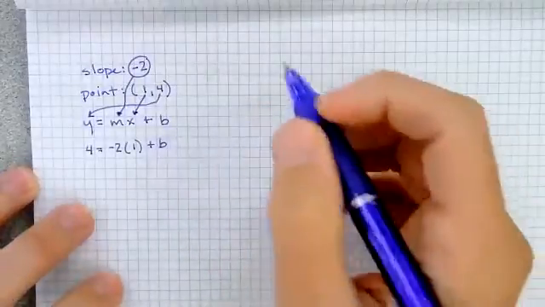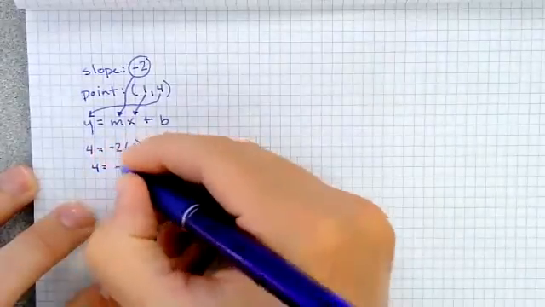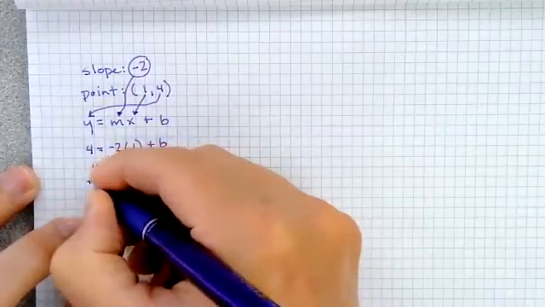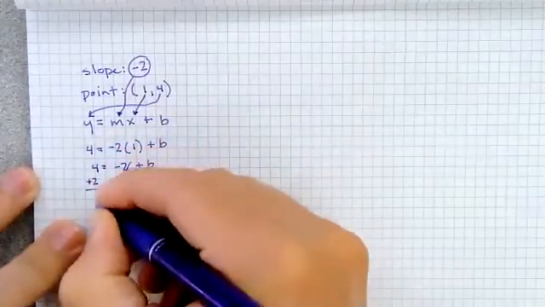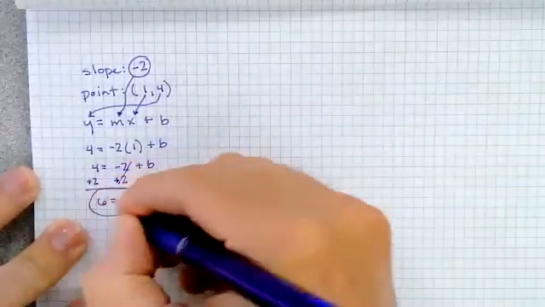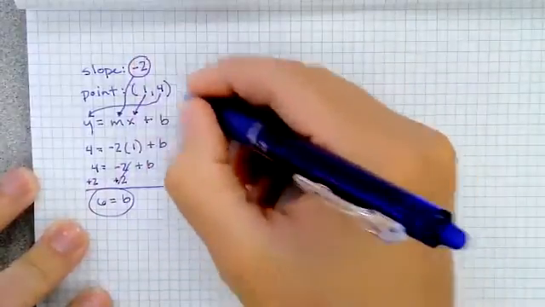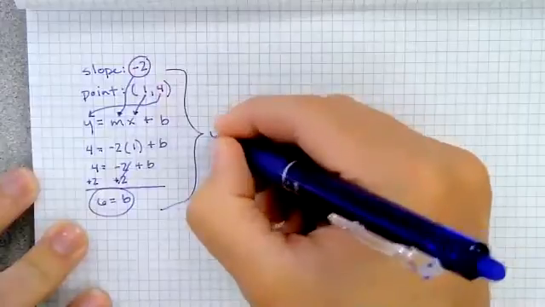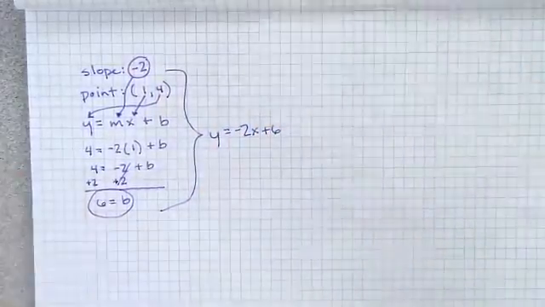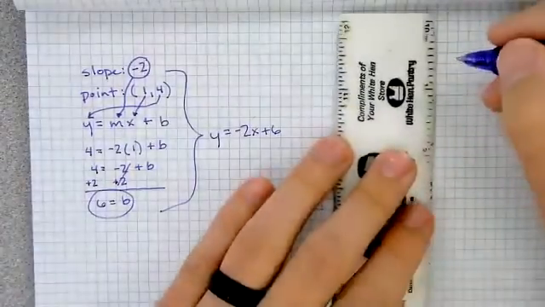So again, we're trying to solve for our b value. 4 equals -2 plus b. So now I have my y-intercept, my b value, and my slope. So my equation would be y equals -2x plus 6.